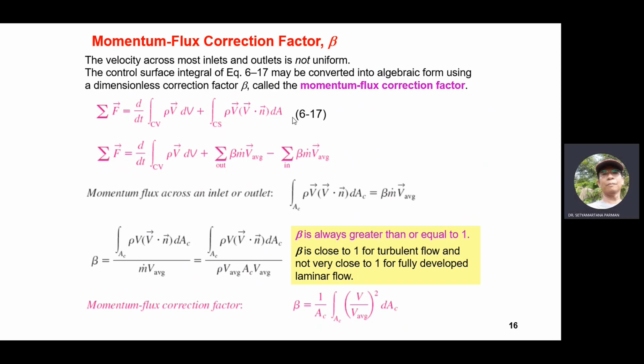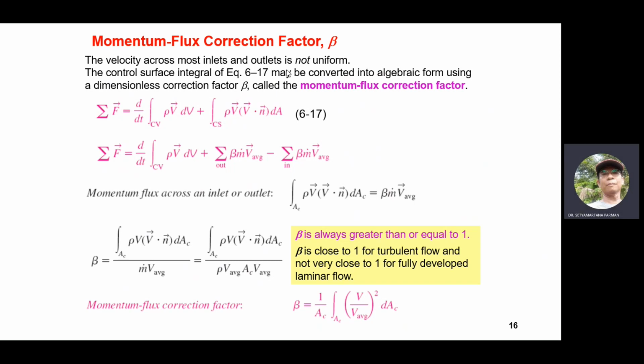So remember again, in the previous part we have the momentum equation in this expression. Then we add the correction factor beta. This part is relating the velocity.